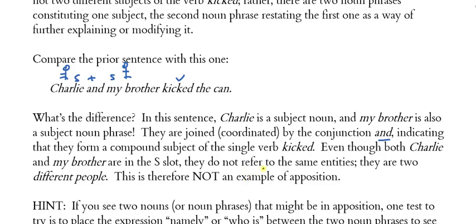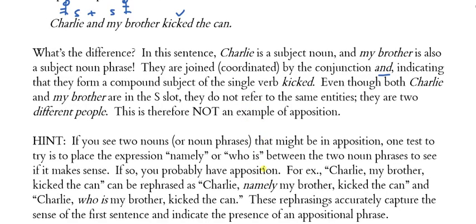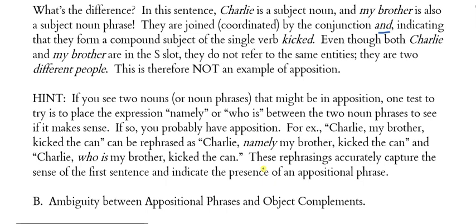Now, here's a hint for you. If you see two nouns or two noun phrases that might be in apposition, one test to try is to place the expression namely or who is between the two noun phrases to see if it makes sense. If so, you probably have apposition. For example, Charlie, my brother, kicked the can can be rephrased as Charlie, namely my brother, kicked the can, and Charlie, who is my brother, kicked the can.